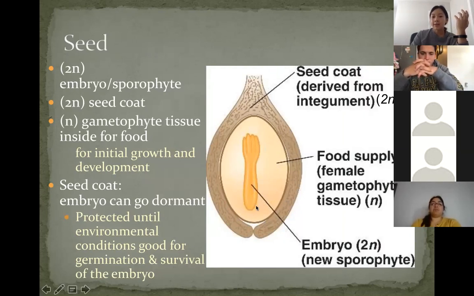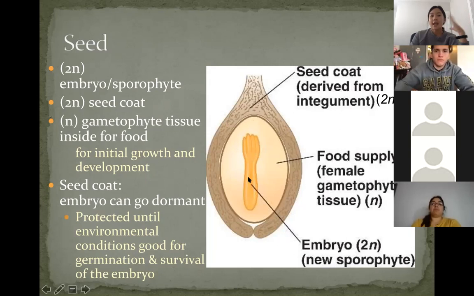Now the female gametophyte, that's haploid, but the embryo, obviously that's going to be diploid because in order for the embryo to be produced, a haploid female and a haploid male had to come together and fertilize and produce this brand new embryo. So the embryo and the seed coat of a mature seed are diploid, whereas the female gametophyte or the food tissue is haploid.